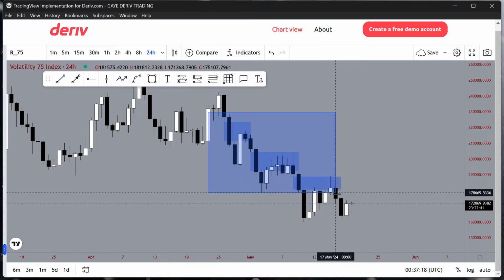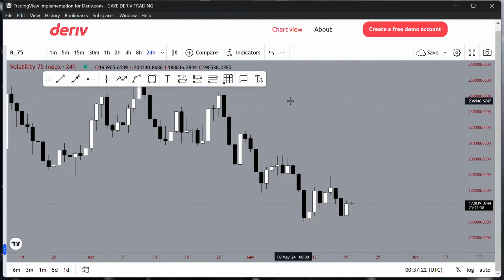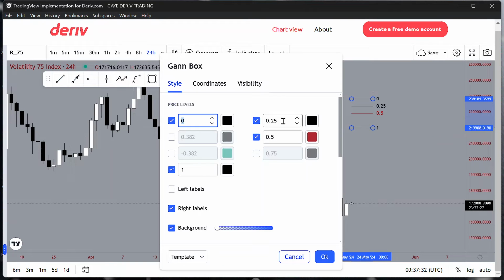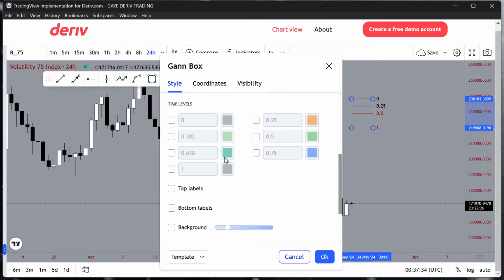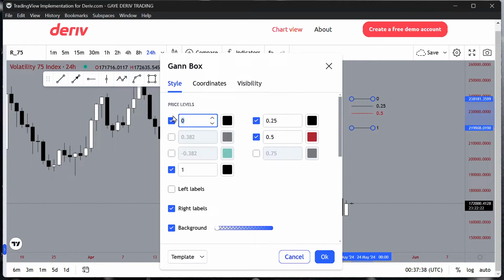First of all, you need a tool. You can use this gun tool so that we can divide the fair value gap into quadrants. With the gun tool you can just turn all these levels off, and then up here just turn the 0, 1, 0.25, 0.5, and 0.75 on.